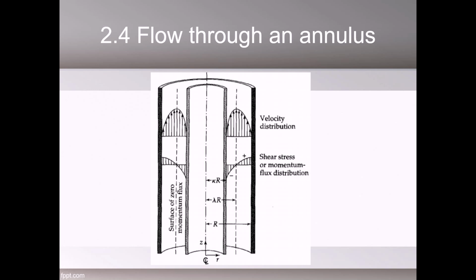Next is the left-hand side, phi RZ, which should equal tau RZ plus rho VR VZ. We know there is no VR, because VR is flow in this direction. It will directly penetrate the well, the tube well.